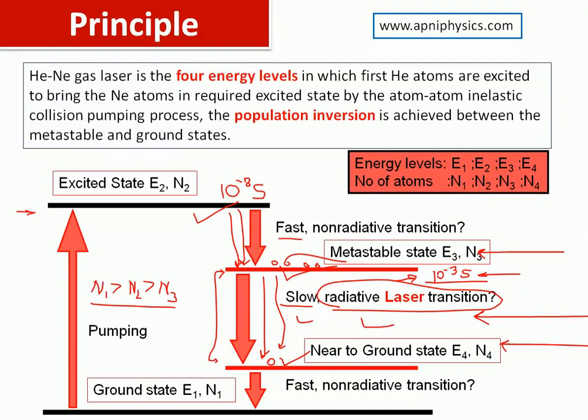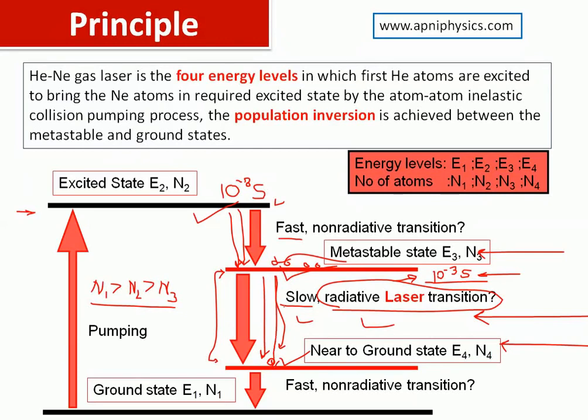You know that all the atoms which jump from the excited state come into this particular metastable state, not always jumping into the ground state by the stimulated emission process.